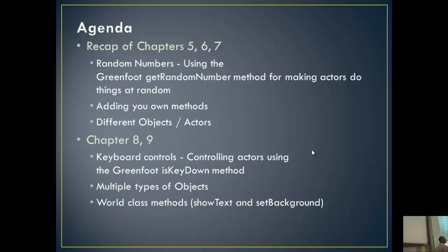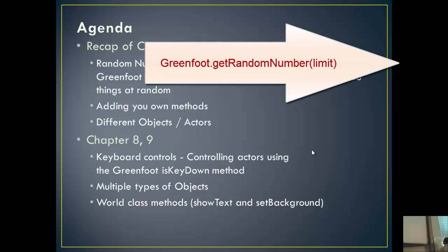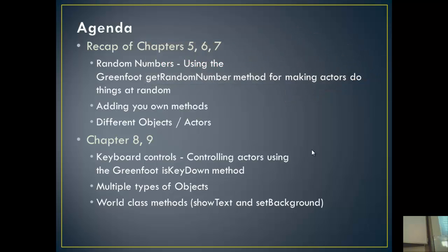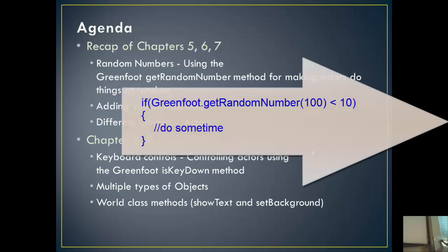So when we say make the thing turn anti-clockwise 5% or 10% of the time, firstly you get a random number.